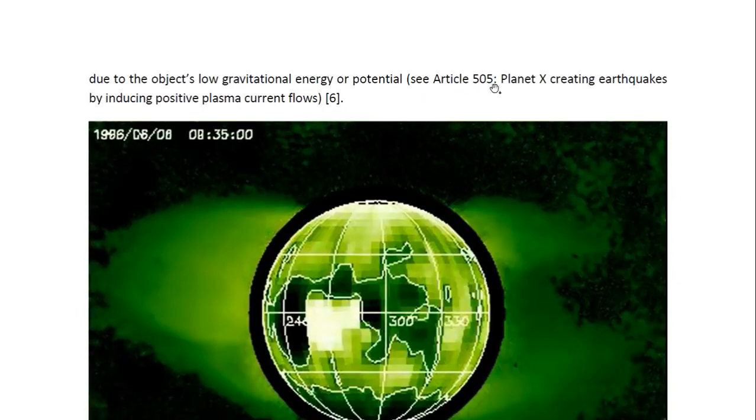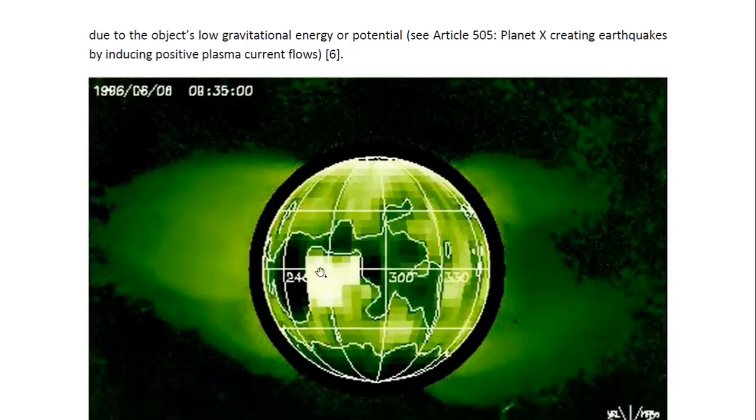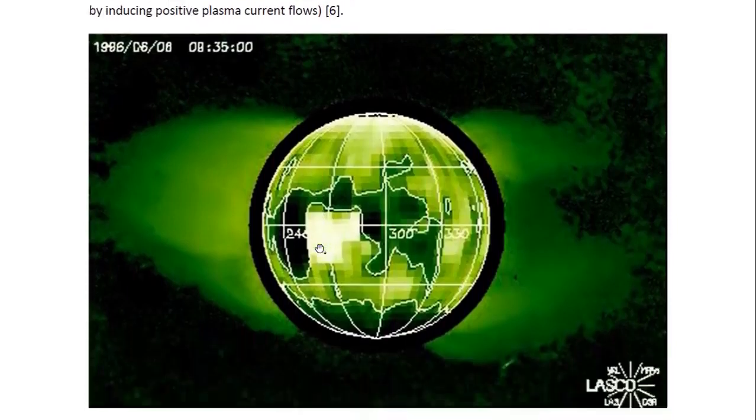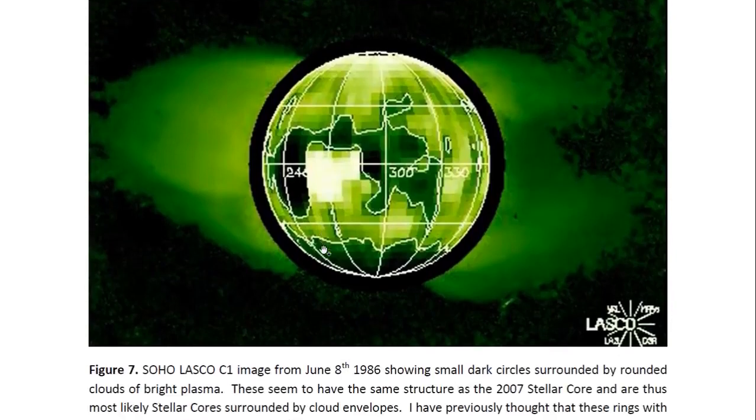And this is explained in Article 505 entitled Planet X Creating Earthquakes by Inducing Positive Plasma Current Flows, because they induce the Earth to basically do the same thing, which results in volcanic eruptions and earthquakes on Earth. They are basically like CME events on the sun.